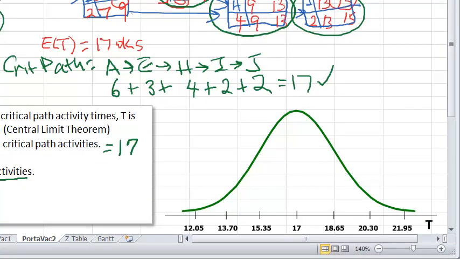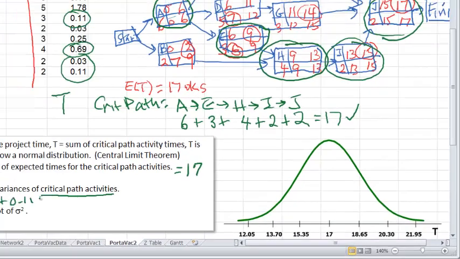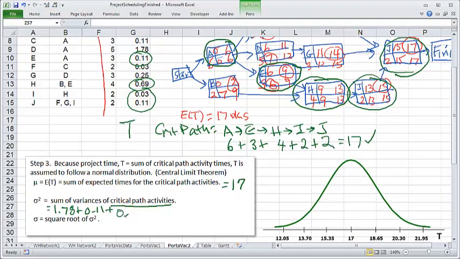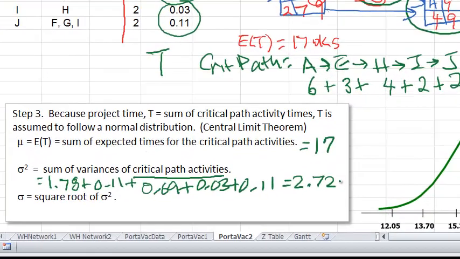So 1.78 plus 0.11 plus 0.69, 0.03, 0.11. So 1, 2, 3, 4, 5. Add them up. That gives us 2.72.